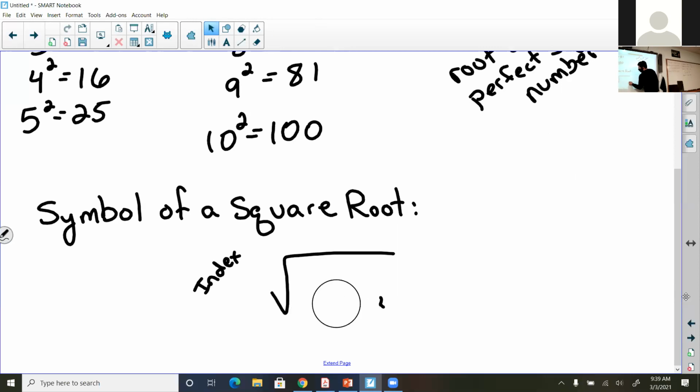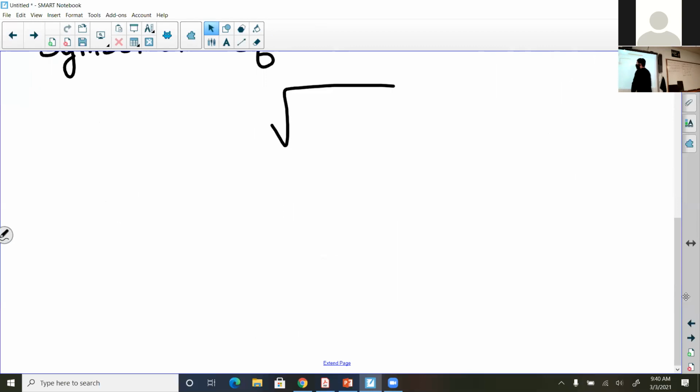All right. So like I said, if you just see this symbol, it is assumed that there is a 2 right here, and it is the square root. All right, so how do square roots work? Well, I'm going to give a list of some commonly used square roots.